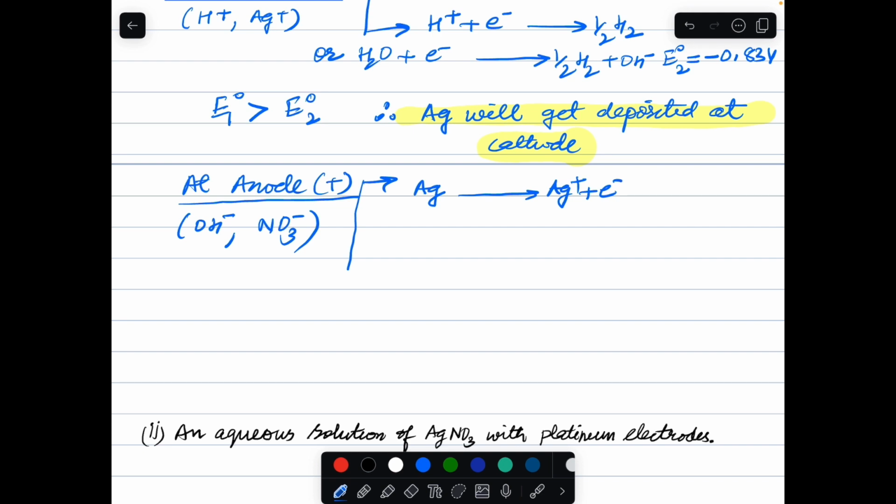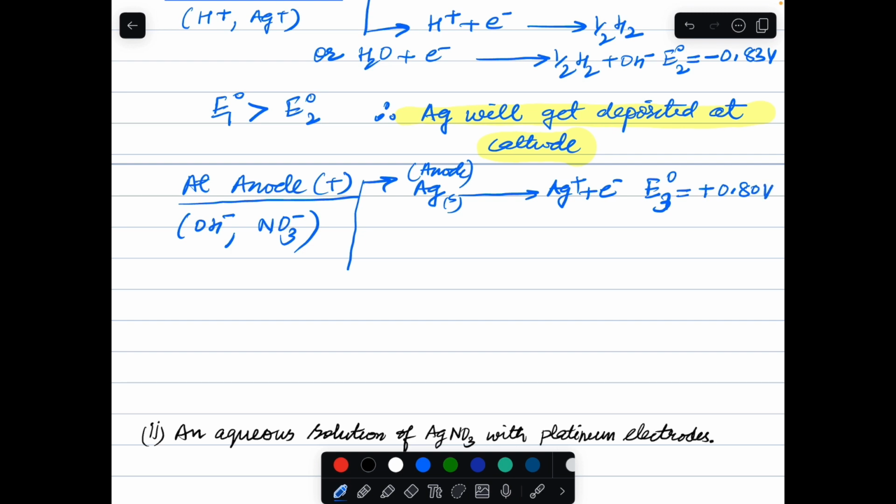Okay, and this silver solid is coming basically from anode, because anode is a reactive electrode, it will take part in the reaction, and for that, E naught 3 is equal to plus 0.80 volt.